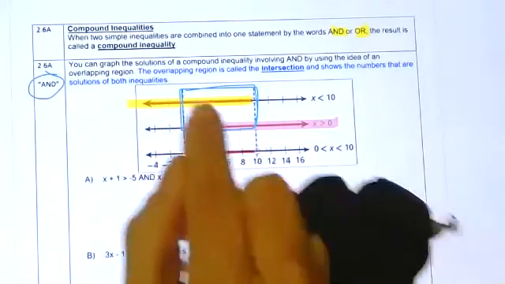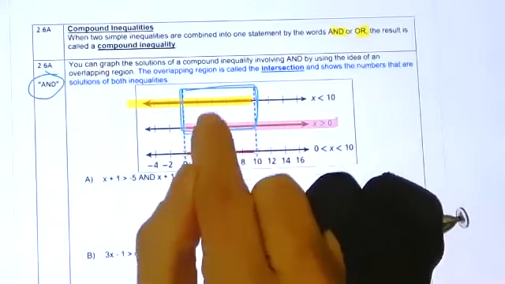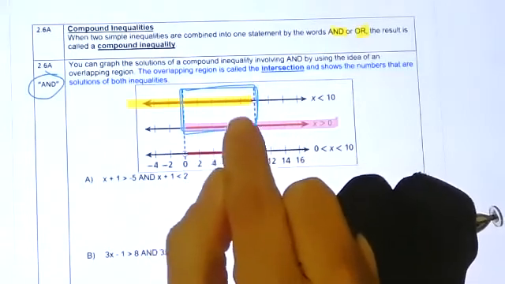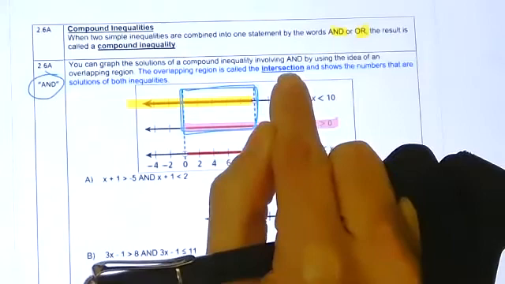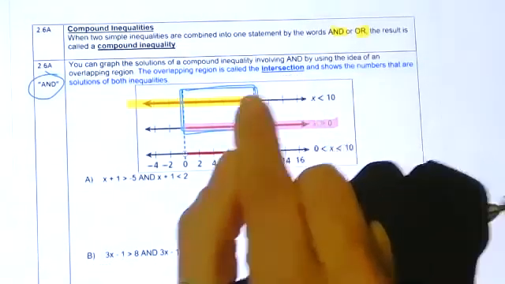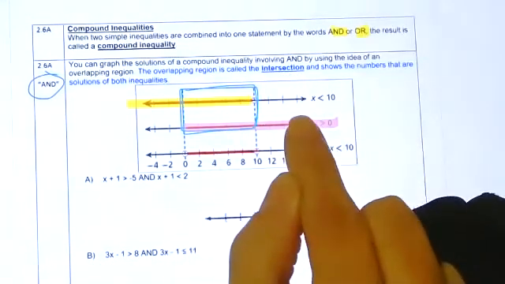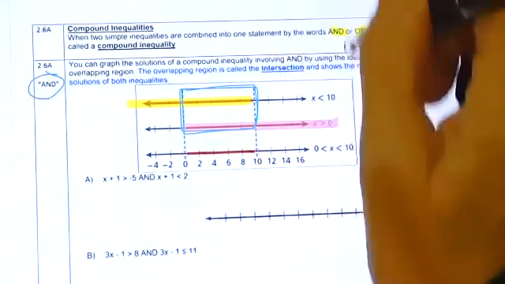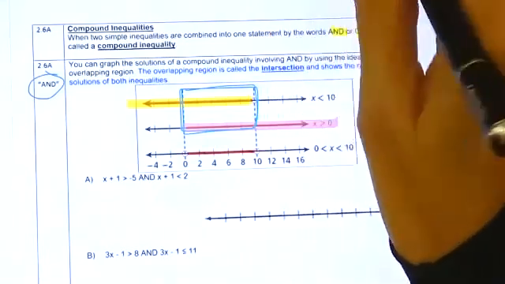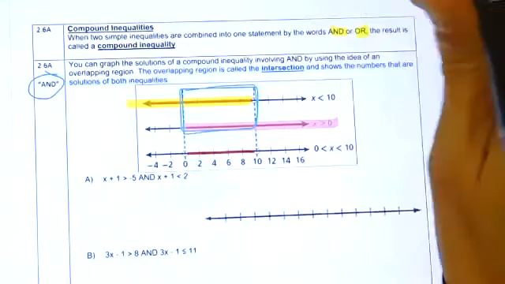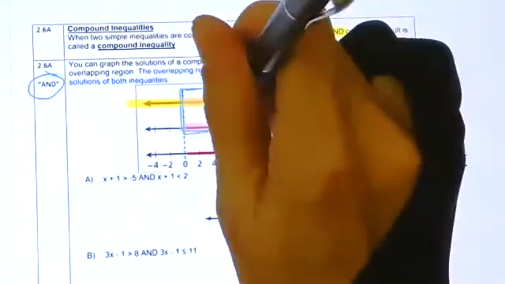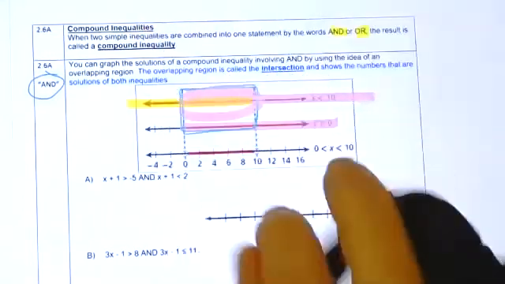So in other words, we look at the two that we have and we find out where they overlap. So we're looking for the intersection or the overlap of the two solutions. Some people do this on one number line and highlight, for example, less than 10, and then they highlight greater than 0 right here, and they go, oh yeah, the overlap is right there, and here is my solution down here.